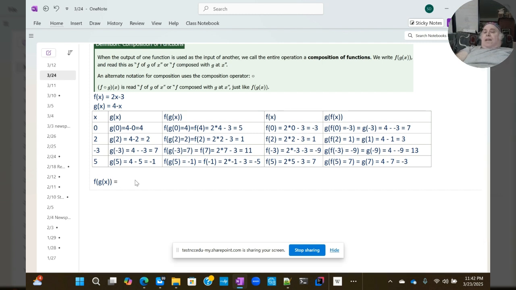Well, the way I like to do it is to plug g of x into the f formula.